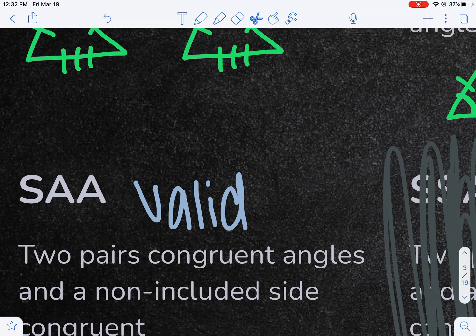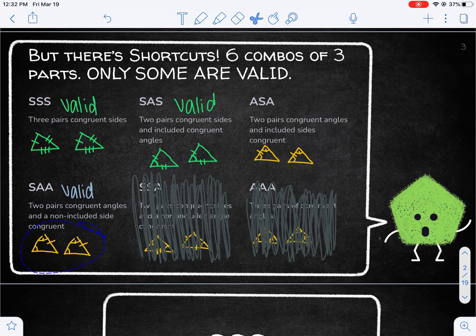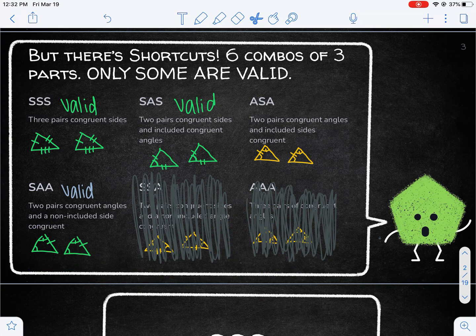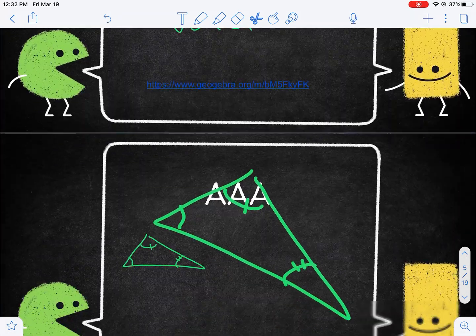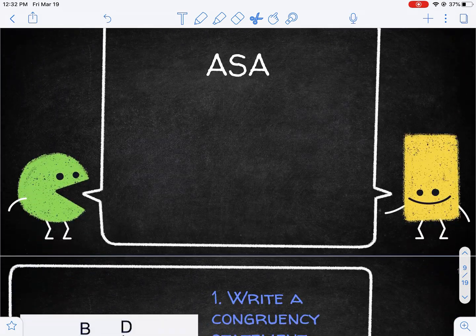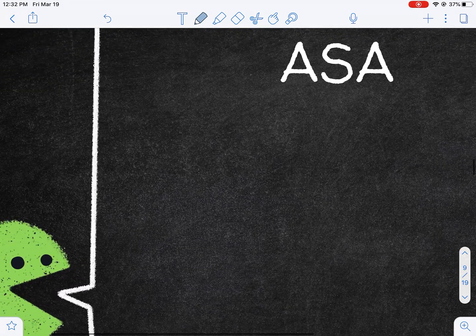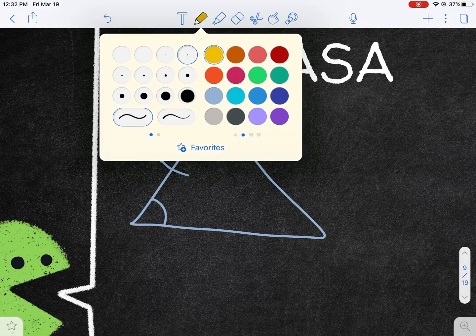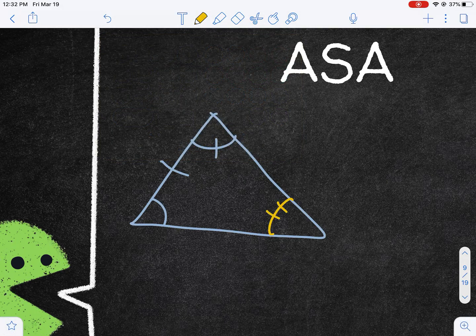So I'm going to make a note of that. And I'm going to change this to a color that says, yes, it's allowed in my brain, which for me is green. And then the exact same thing happens with angle, side, angle. We've already said that side, angle, angle works. If I start with those two angles and the side between them, I'm still able to get my third side.